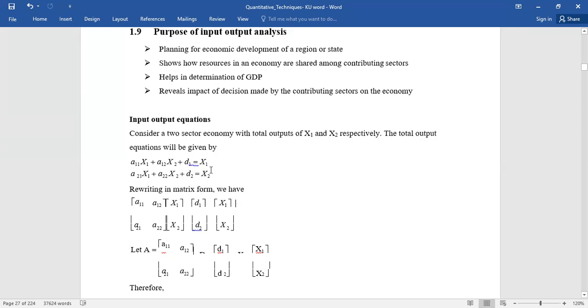We multiply by our output to get the demand. So this demand is what we are seeking to ensure that no one lacks in the economy. So in other words, if we let our A be this matrix, A11, A12, A21, A22, and our D be D1 and D2, the demand of output, and then our output is X1 and X2, then we can illustrate that in this manner.